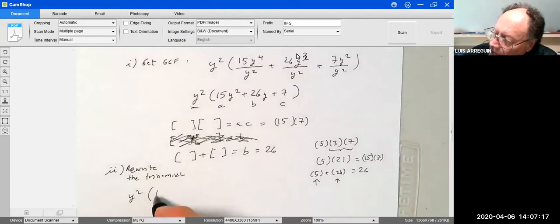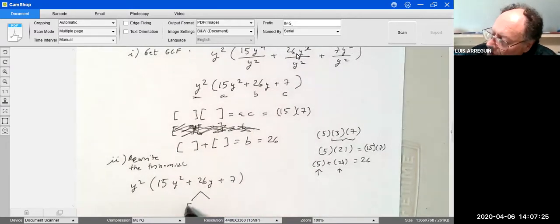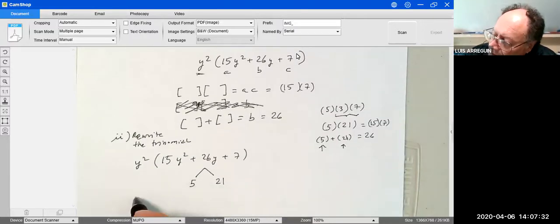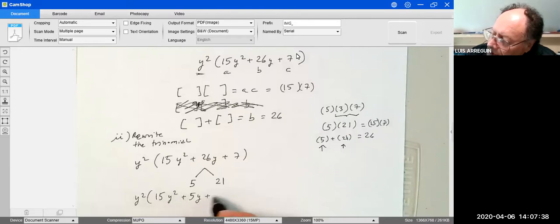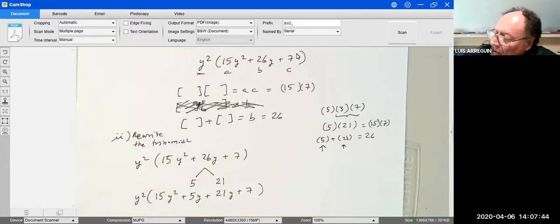So I'm going to write again 15y squared plus 26y plus 7, and we're going to break this middle term. We're going to use 5 and 21 to break 26. So we're going to get y squared that multiplies 15y squared plus 5y plus 21y plus 7.